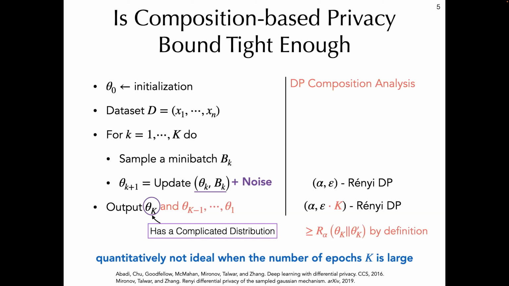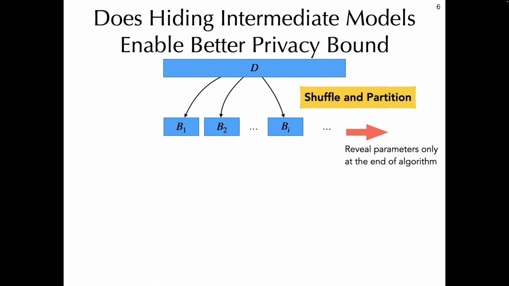So how can we obtain a better privacy bound in the large epoch regime? Because this gap is caused by the adversary assumption, naturally we want to improve this bound by assuming that all the intermediate models are hidden. What is different in this analysis is that now, instead of looking at one fixed minibatch in one update, we need to look at a sequence of minibatches because we are assuming the algorithm states to be hidden.